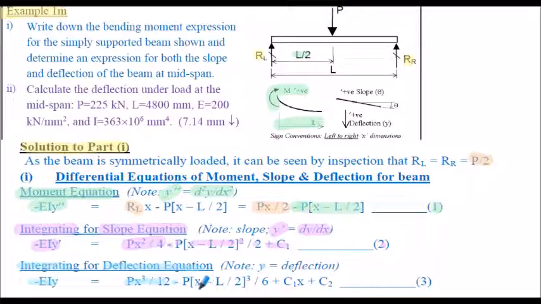That integrates to x minus L upon 2 cubed upon 6, and it's still multiplied by P. Integrating constant C1 with respect to x, that becomes plus C1x, and because I've integrated for a second time, I now have to add a second constant of integration, and that becomes C2. Called that equation 3. So now I've got three equations here. The first one is for the bending moment that I generated from the beam configuration. I integrated that with respect to x to produce my slope equation, and I integrated one more time to produce my deflection equation.